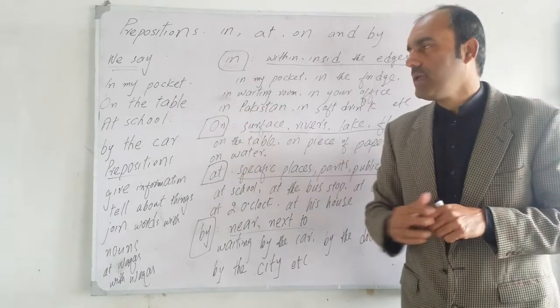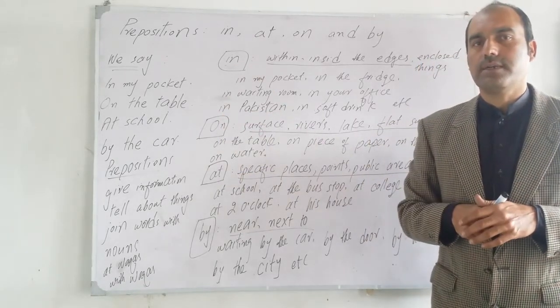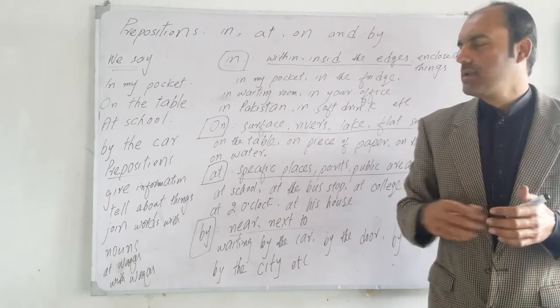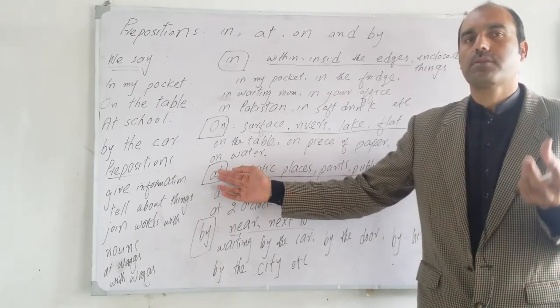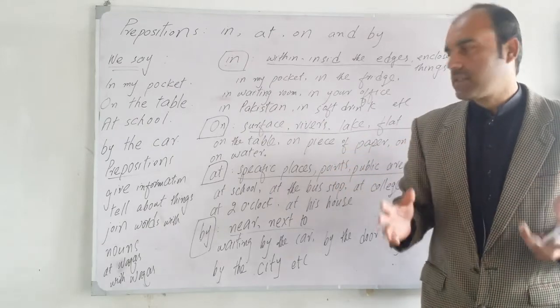At and in are quite similar, and how you can make them different: at will show you a specific point, a specific location, place, and in will not show you something like this.